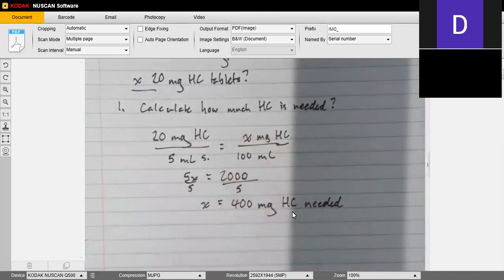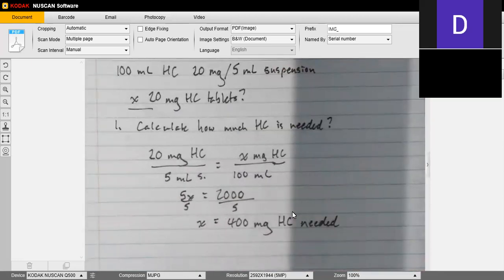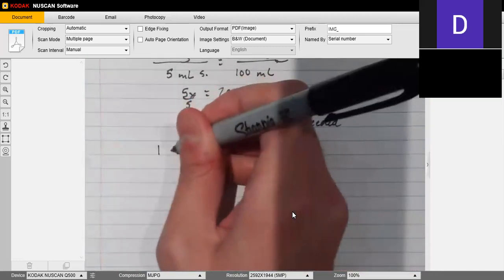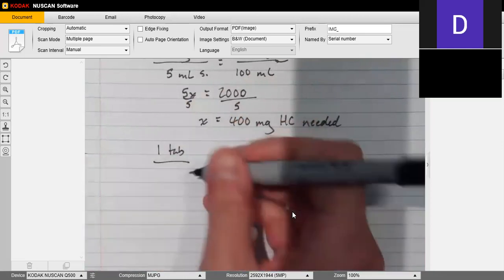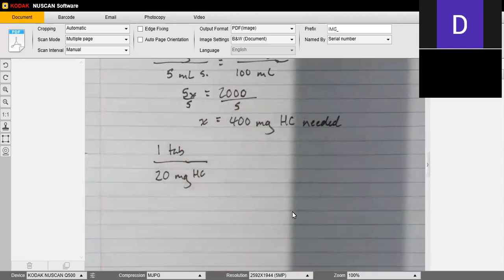Okay, so that's our first part of the problem, right? So we have 400 milligrams hydrocortisone needed total, but hydrocortisone, unfortunately, or maybe fortunately for patients, does not come in 400 milligram tablets. It comes in 20 milligram tablets. Remember up here? So basically, we can still use a proportion to just figure out how many tablets we need, because we know that one tablet is 20 milligrams of hydrocortisone, right?